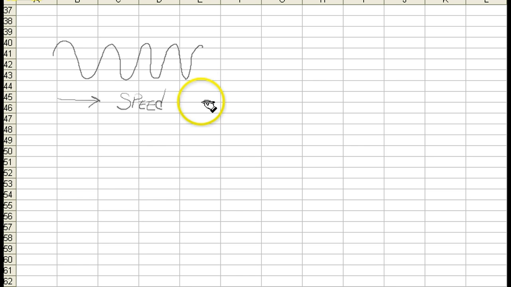And because we're again lazy, we have assigned the letter C to imply speed. And it turns out that radio waves and light travel at 300 million meters per second.